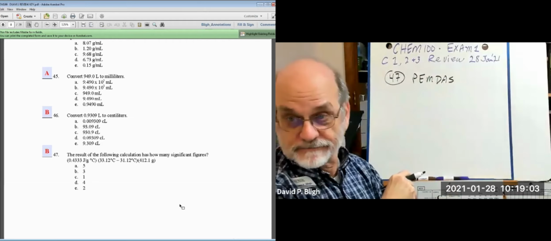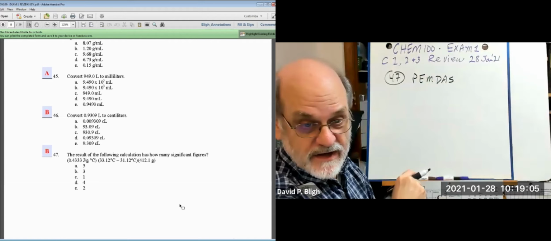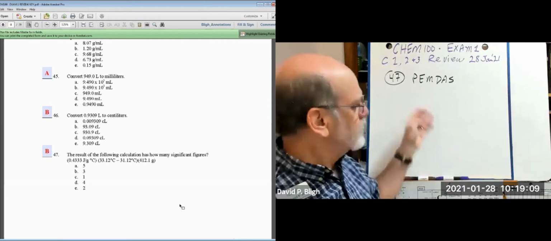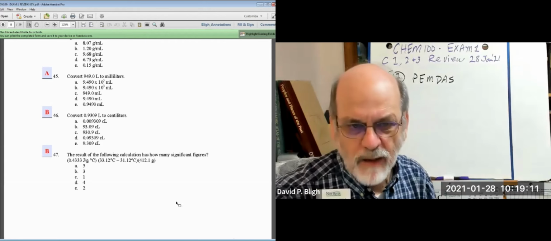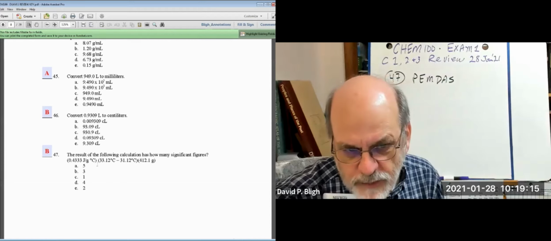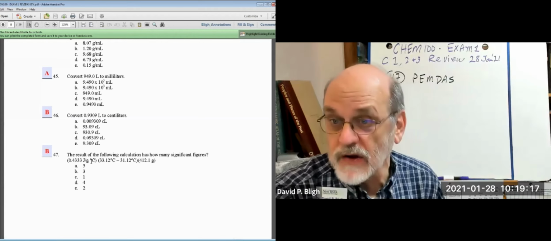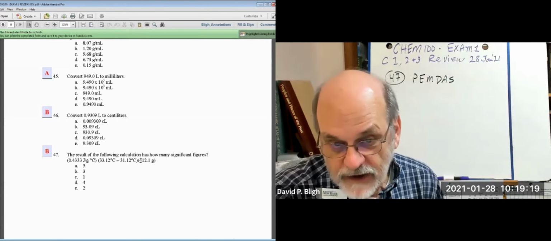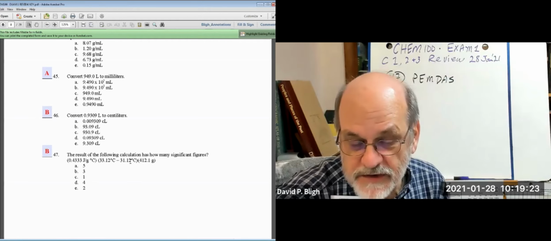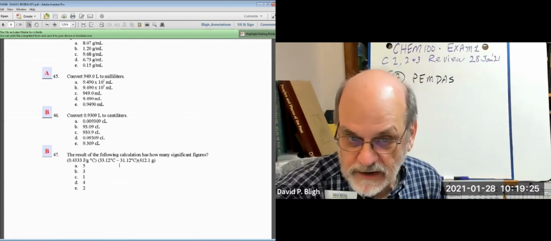parentheses first, right? So we've got parentheses here that tell us which ones to do first. And rather than write that number up there, let's just look at the problem. So which is in parentheses? Well, this first part here is in parentheses, but there's no calculation to be done. This one's in parentheses, but there are no calculations. This one's in parentheses, and we do have to do a calculation.